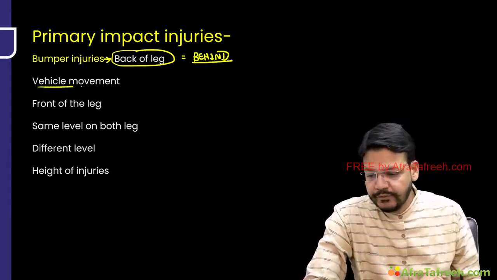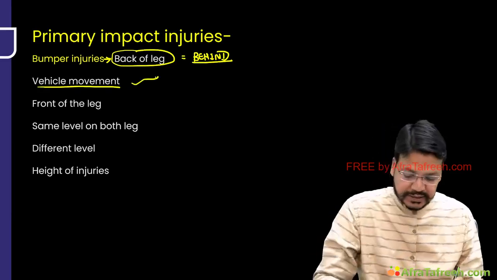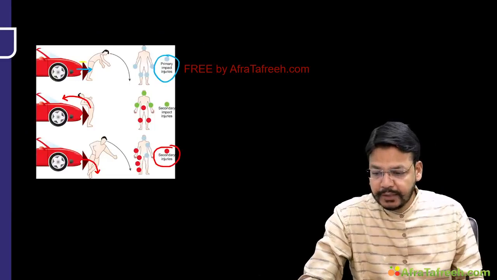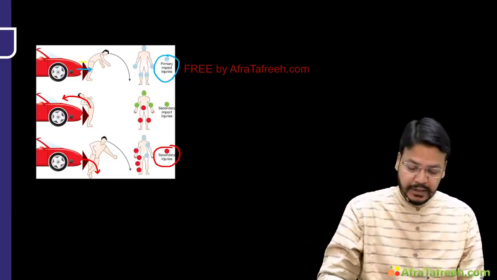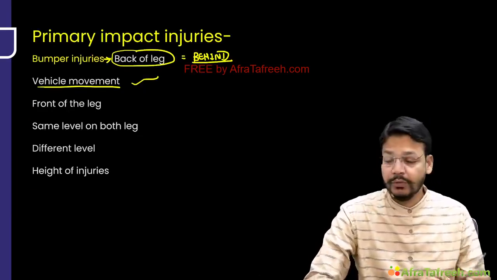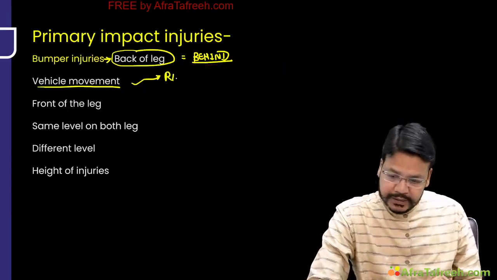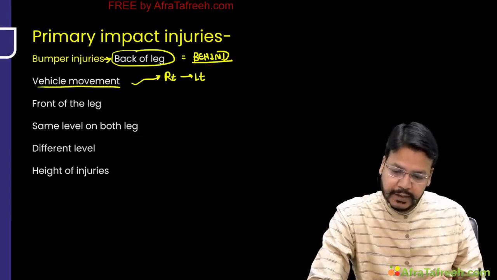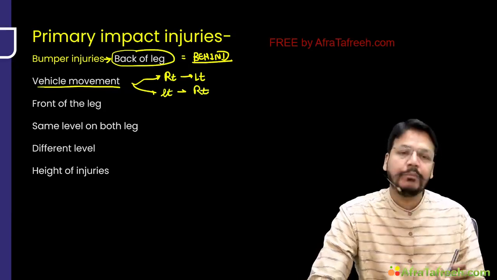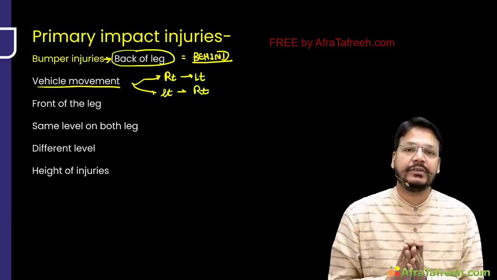Now, my dear friend, vehicle movement. Doctor, this is the situation. See, this is the back side. So I'm talking about if the vehicle is coming from behind, the injury will be on the back of the leg. Now, if the vehicle movement is from right to left or from left to right, where will you find the bumper injuries?